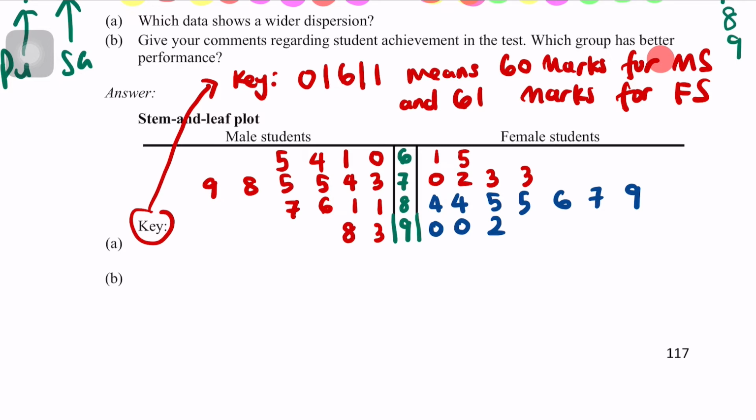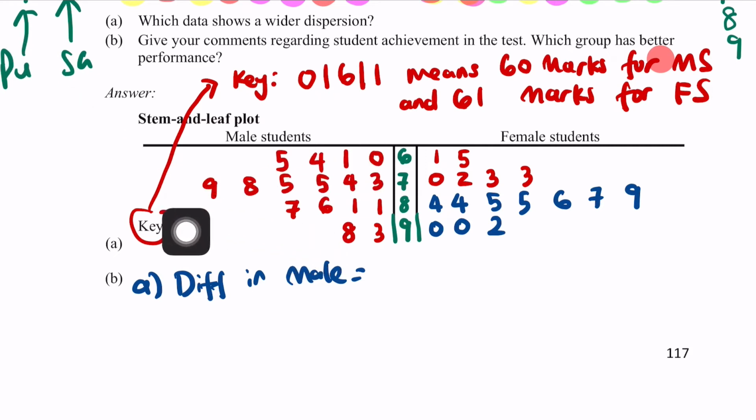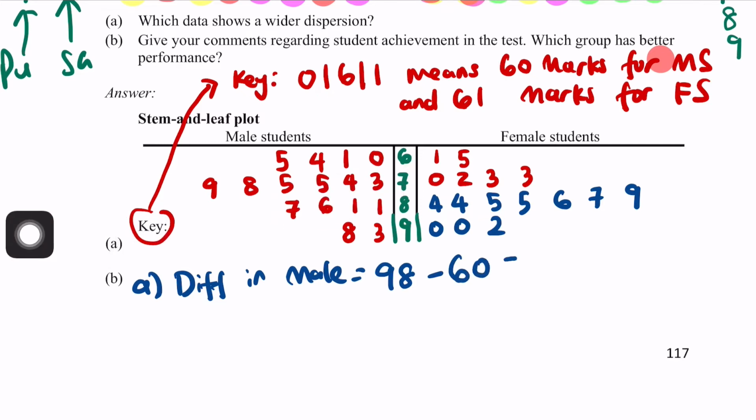So we calculate first the difference in male. Paling highest kita ada 98. So 98 minus lowest is 60. So we will get 38.